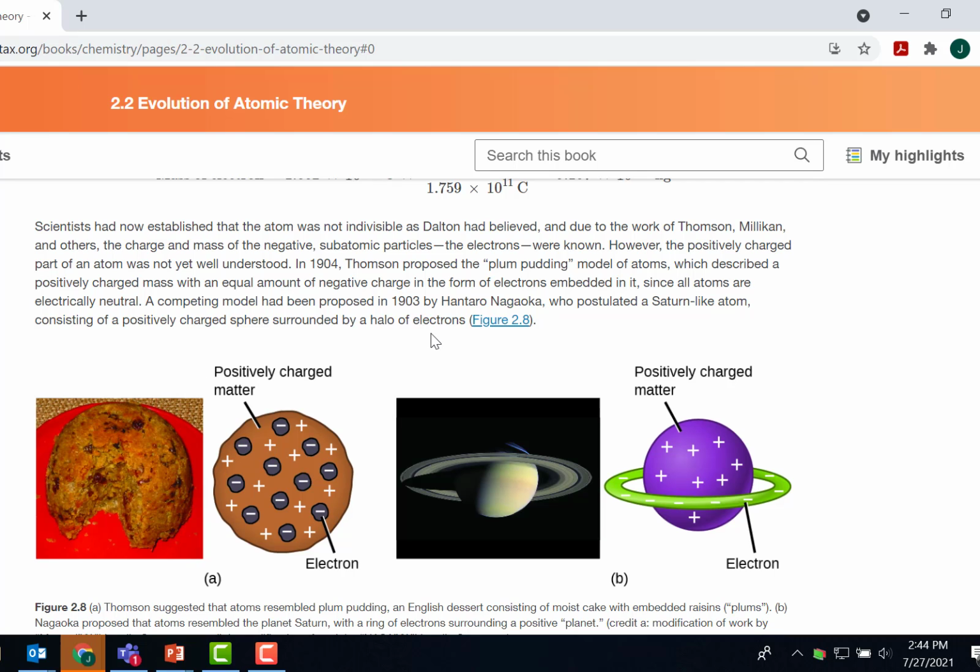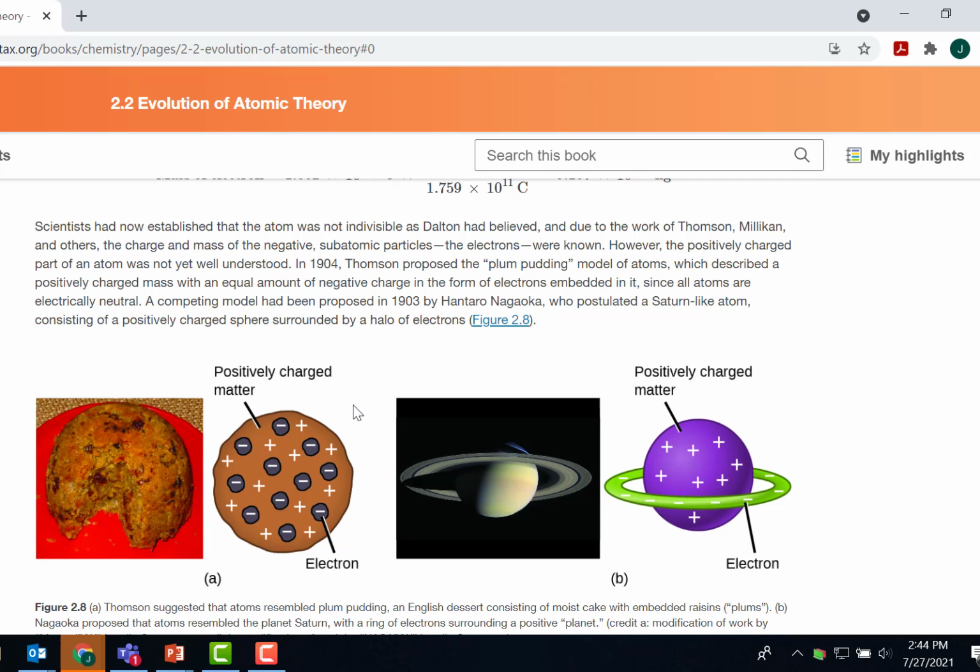The model that most chemistry books talk about is what's often called the plum pudding model. I have never actually had a plum pudding. I don't even know if I would recognize one. Maybe this is a plum pudding. So I think of it as a food that I know about, which is a watermelon. The idea is you have these clumps of things that are electrons within the larger thing.